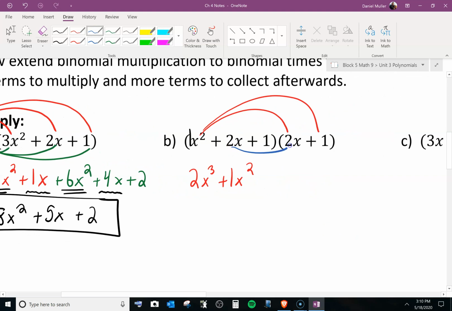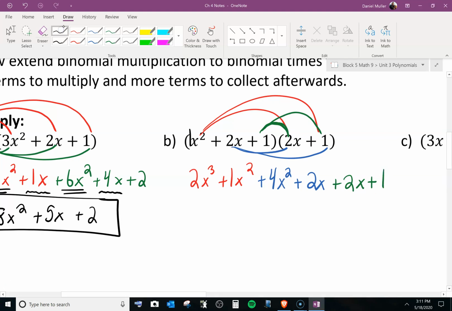And then I'll do this, maybe 2 times 2 is a 4, and then there's 2 x's, x and x, which is an x squared. And then 2 times 1 is 2, and there's just an x. And then 1 times the 2 is a 2, there's just an x. And 1 times 1 is a 1.